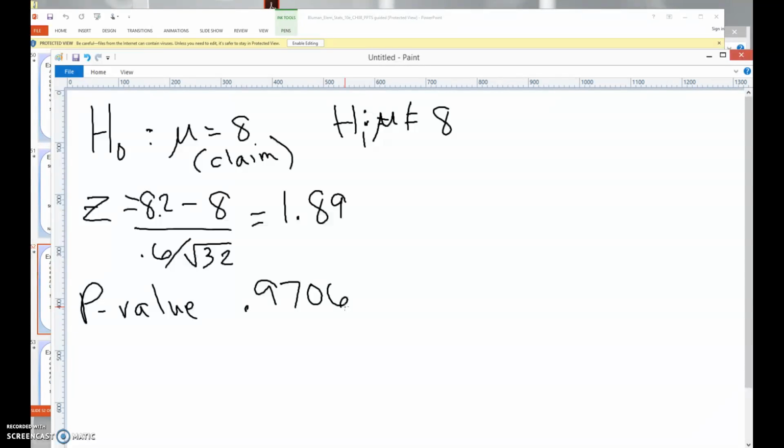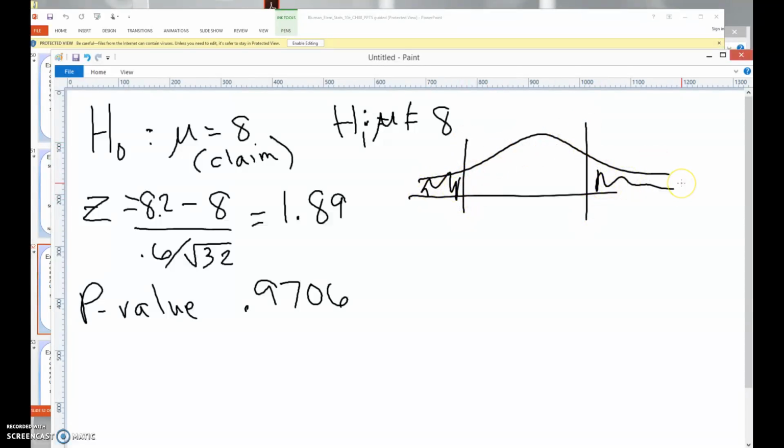Since this is a two-tailed test, we have to take our p-value and go 1 minus that, and you get 0.0294. Now, this area is for only one section here.